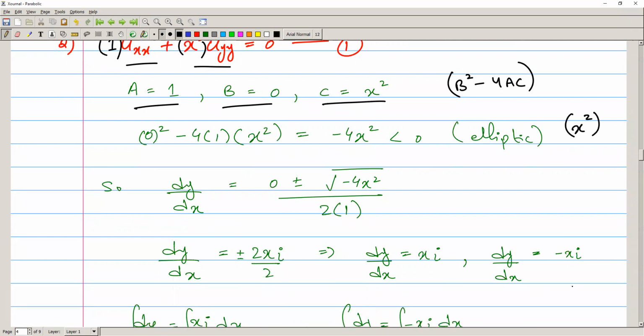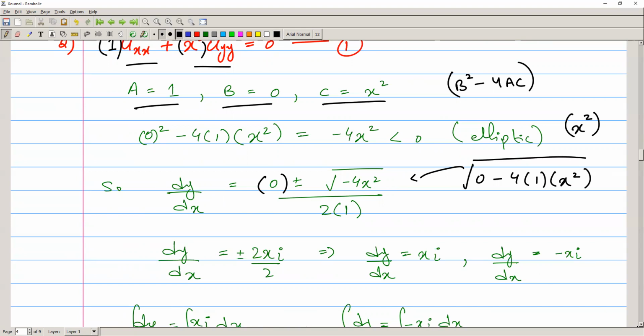So this negative sign makes the whole thing negative, and it is less than 0. We apply the characteristic equation dy by dx equals b plus minus square root of b squared minus 4ac over 2a. Here b is 0, so we get 0 plus minus square root of 0 minus 4 times 1 times x squared. This becomes negative 4x squared inside the square root, divided by 2 times 1 because a is 1.